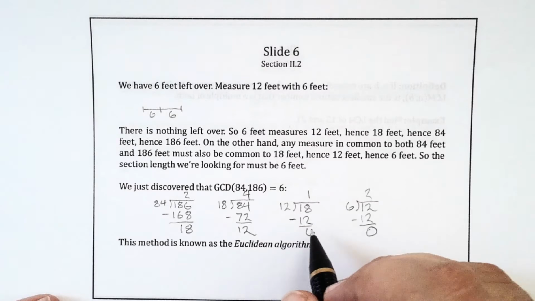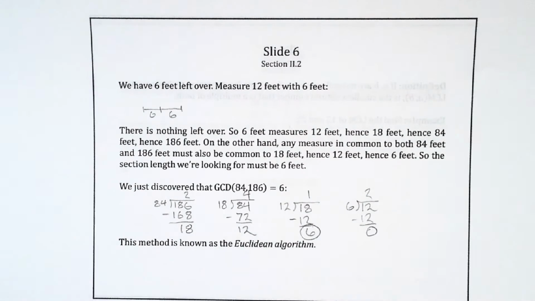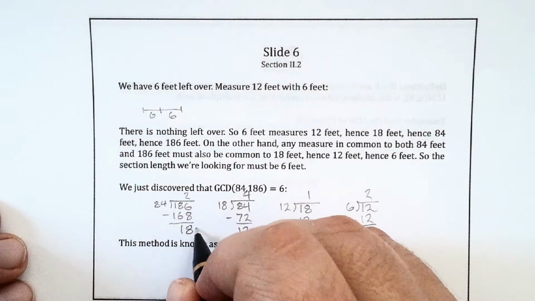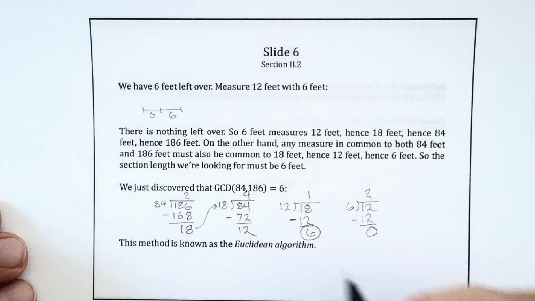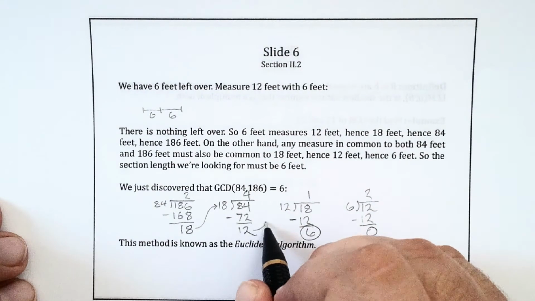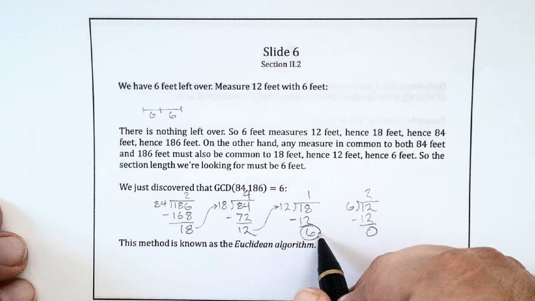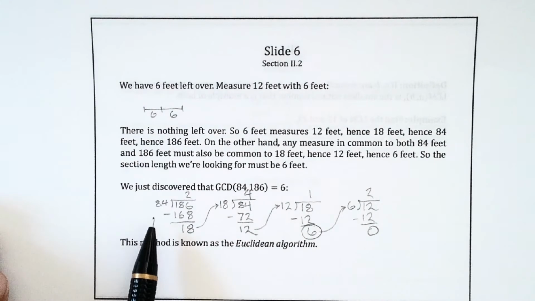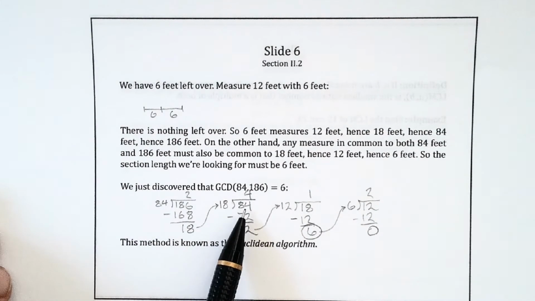And we concluded that that last non-zero remainder was the greatest common divisor. So again, notice, each time the new remainder becomes the next divisor, and the old divisor becomes the next dividend.